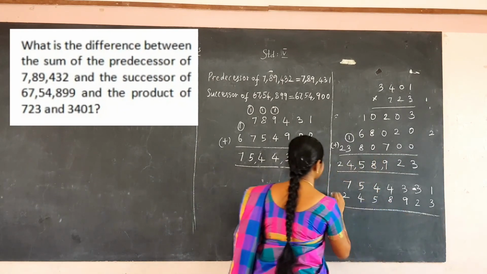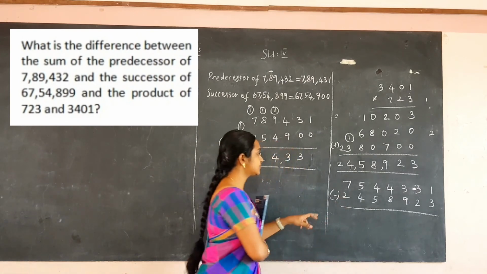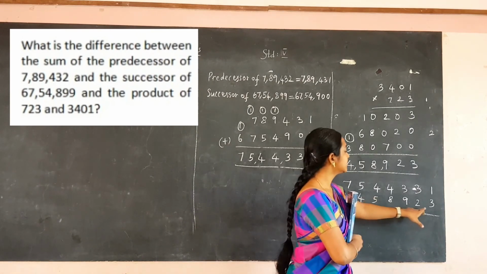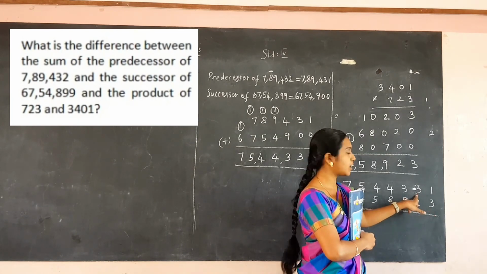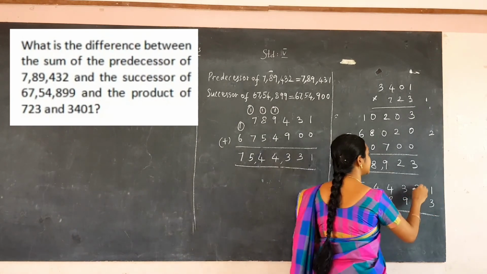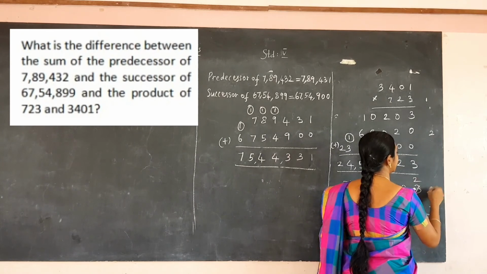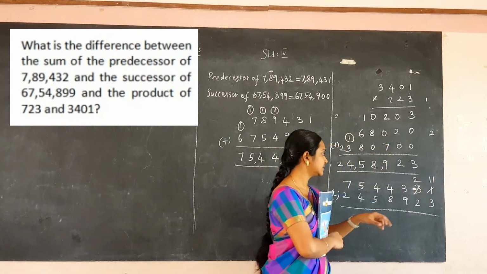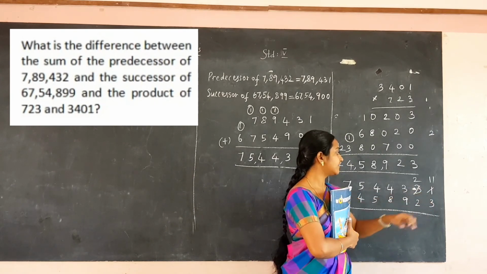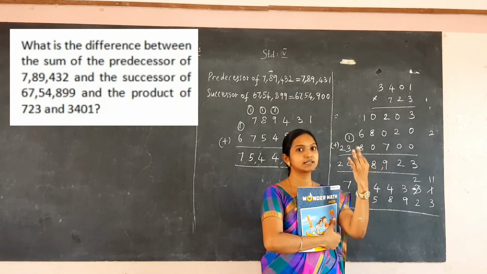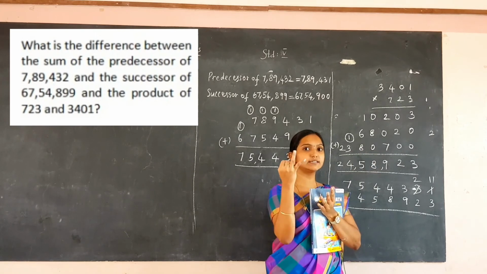Now we are going to subtract these two numbers. Here 3 is greater than 1, so we cannot subtract. So borrow 1 from the before number. So 3 will be changed as 2 and 1 will be changed as 11. Now start counting from 3 until you reach 11. 4, 5, 6, 7, 8, 9, 10, 11.